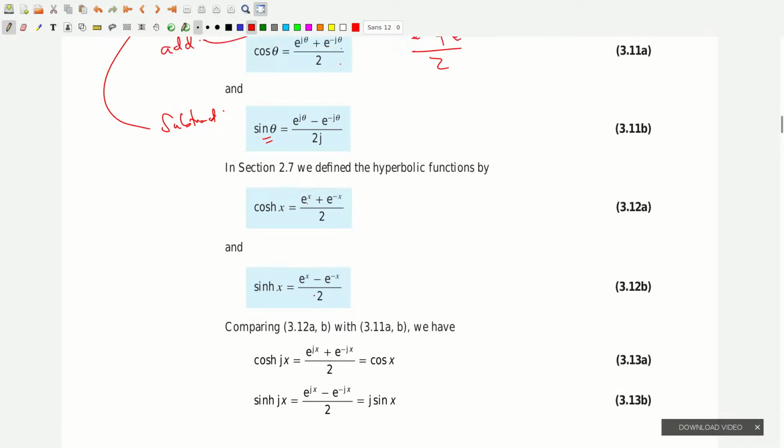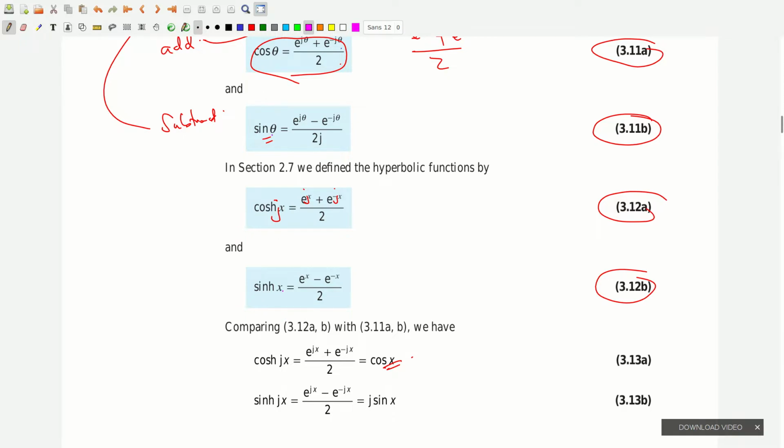So if we compare these results with equations 3.112a and b, clearly we can see that hyperbolic cos of jx gives the definition here of our cosine.